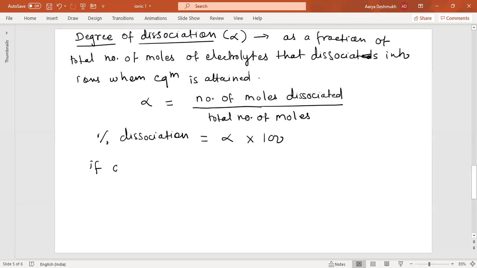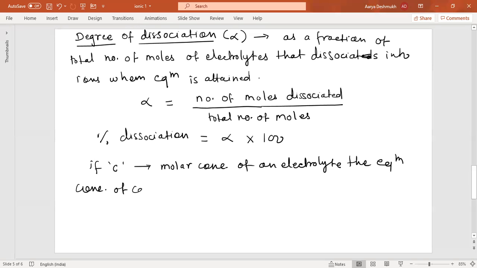Now, if C is the molar concentration of an electrolyte, the equilibrium concentration of cation or anion, because any electrolyte will be dissociating into a cation and anion, can be given by the equation alpha multiplied by C. This alpha is nothing but the degree of dissociation, and C is the molar concentration of electrolyte.